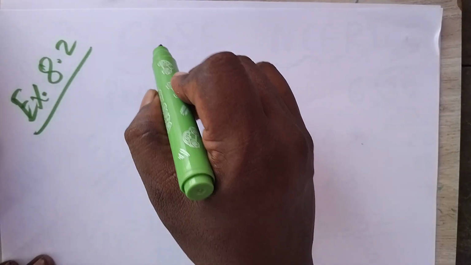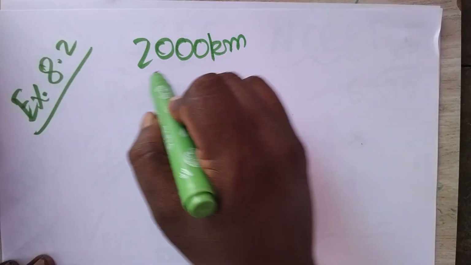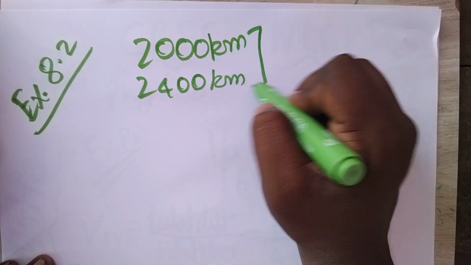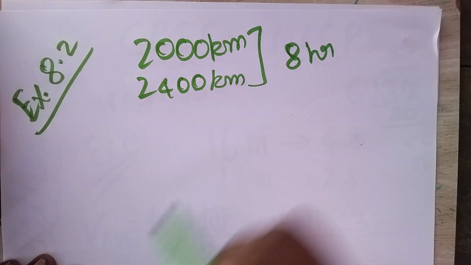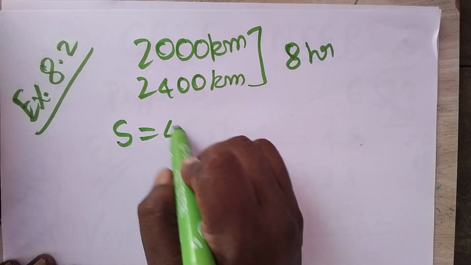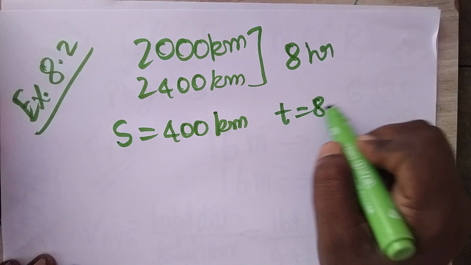What is the starting kilometer? The odometer shows 2000 kilometer and ends at 2400 kilometer. What is the time taken? 8 hours. So the total journey distance is 400 kilometer, and the time taken is 8 hours.